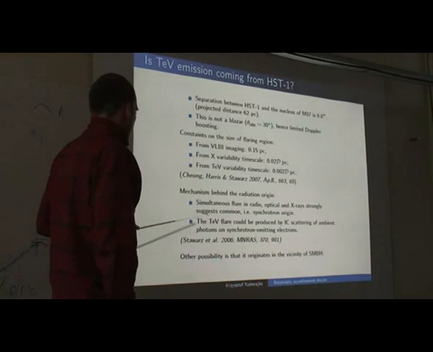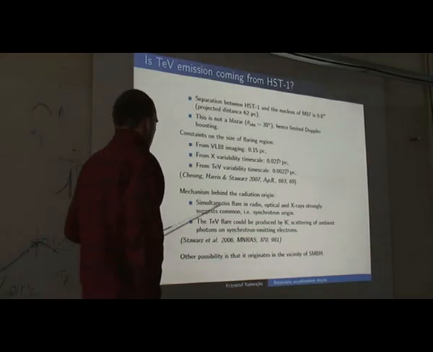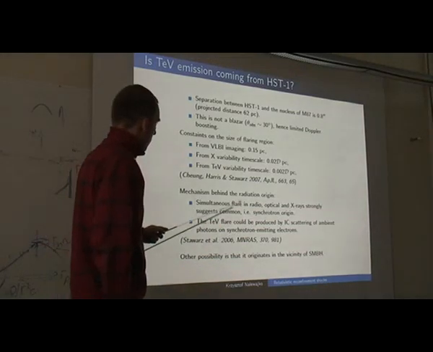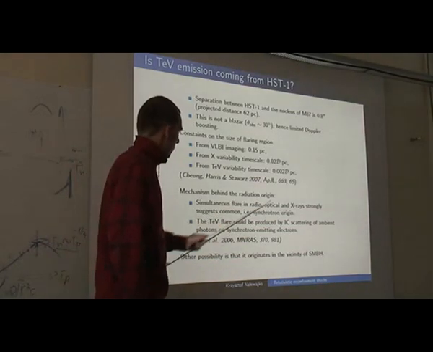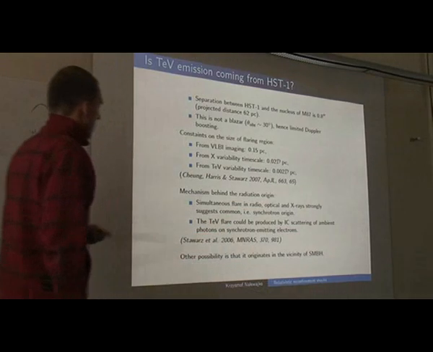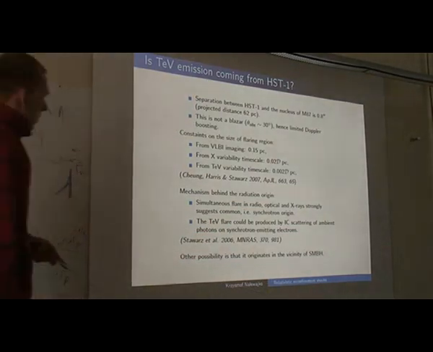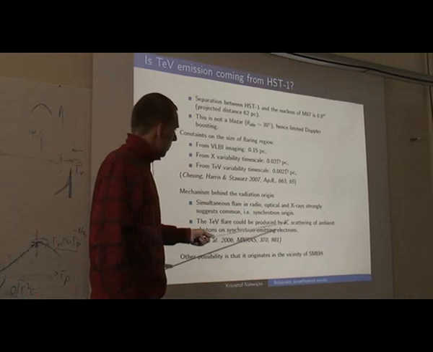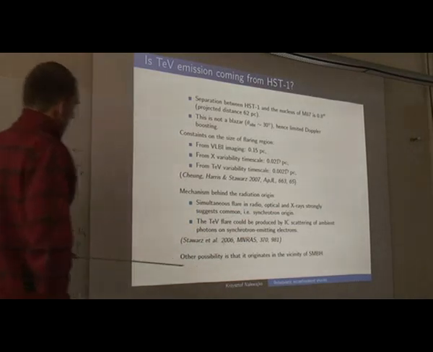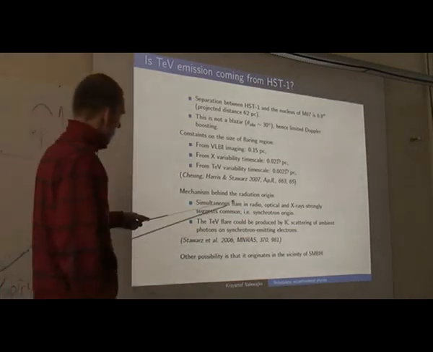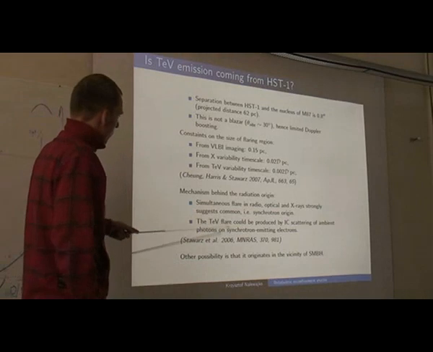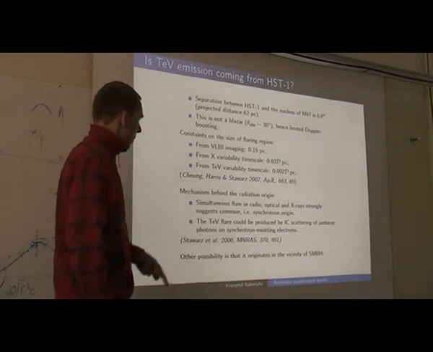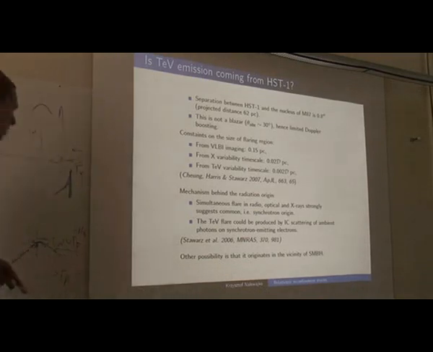So if we assume that we have a synchrotron emission that is responsible for the flare in all the bands from radio to X-rays, then we can consider inverse Compton scattering on the electrons that emit in these bands, and the photons could just originate from their surroundings.